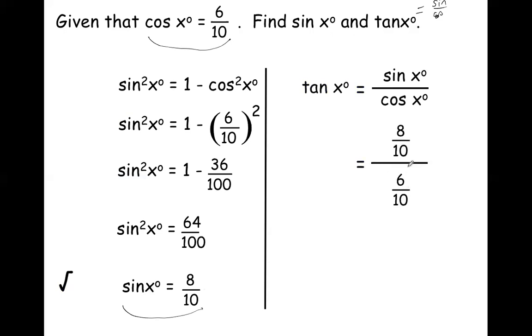You change the divide into a multiply and flip the second one, so 8/10 times 10/6. Simplify: 8/6 or 4/3. So we've got all our answers, tan x and sine x, thanks to that trig identity.